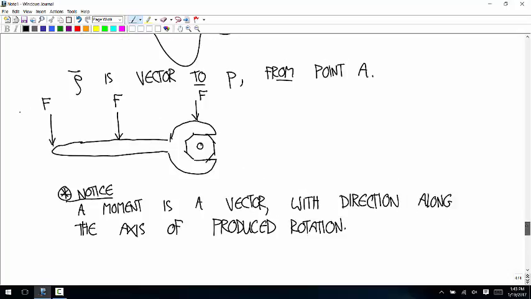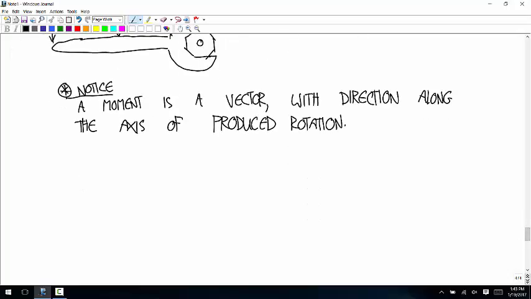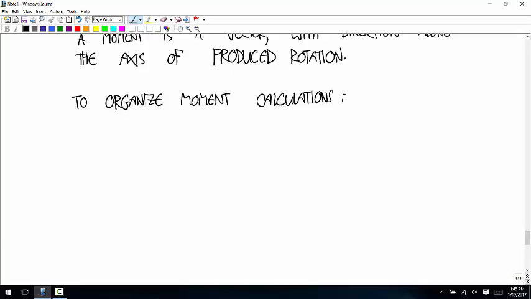I think a useful organizational thing, and it won't be totally obvious yet why it's helpful, but as we go on, I think you'll like having it. So to organize moment calculations, I'd recommend writing out this table that has a column for the row vector, a column for the force, and then a column for the moment.